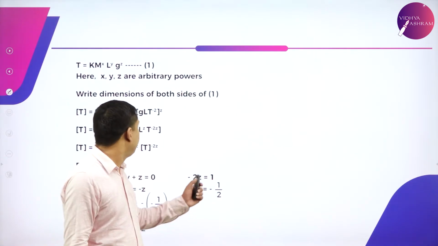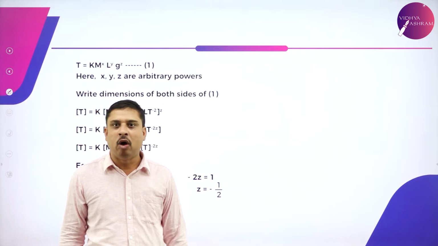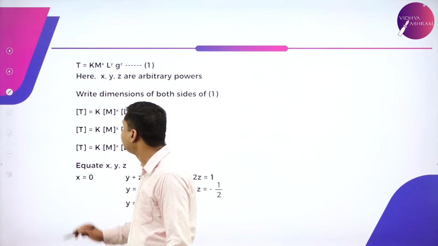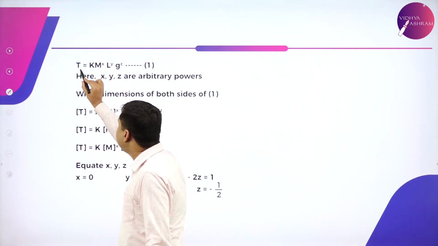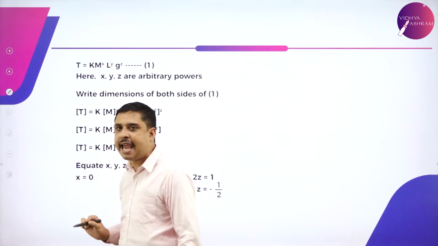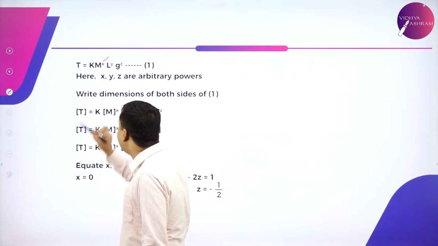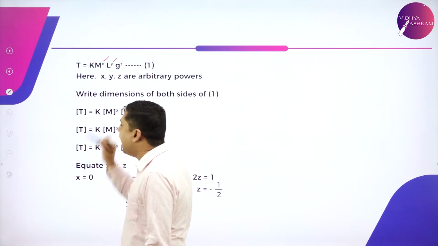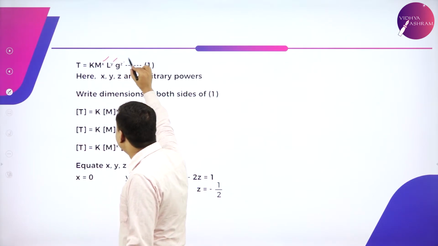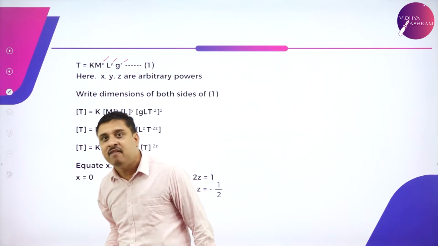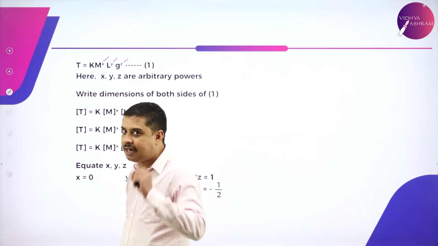Now, therefore, I write T is equal to K, M to the power x, L to the power y, g to the power z. Understand?